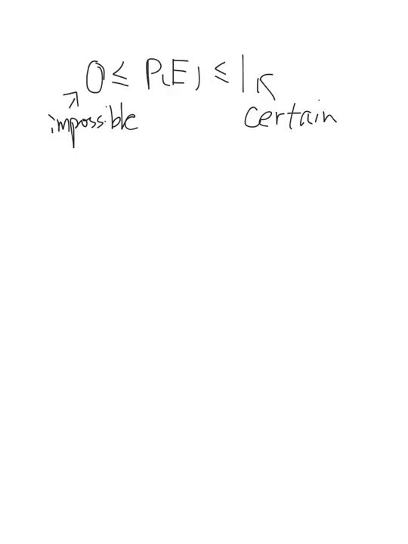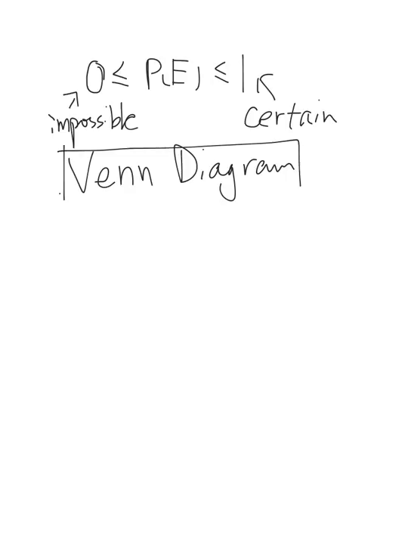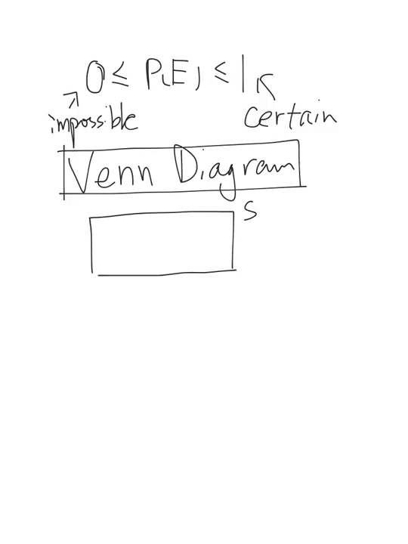Okay, and also in order to understand the relationship between sample space and event, we have a very famous diagram, the so-called Venn diagram. It is a diagram with a rectangle, and this rectangle is the sample space.